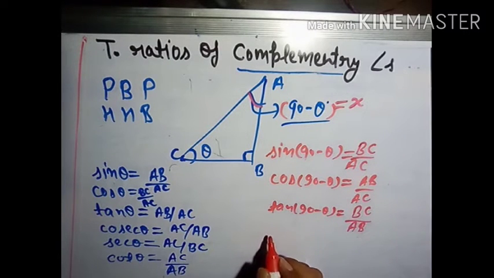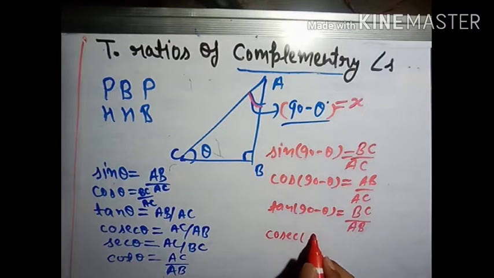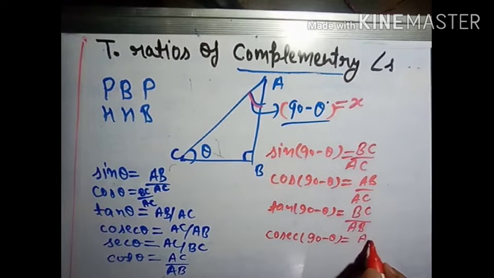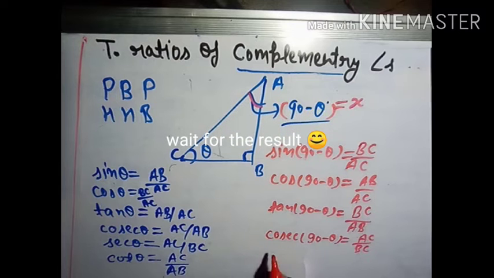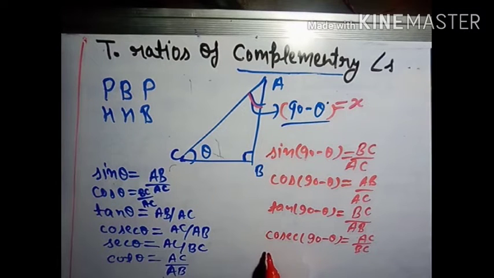So cosec 90 minus theta is equal to AC by BC. Just wait for the result. The result is so good. Sec 90 minus theta is equal to AC by AB.